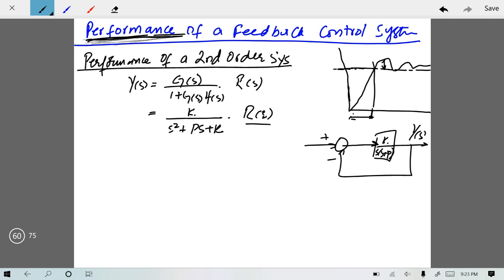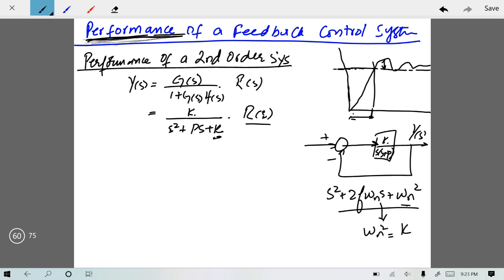If we compare this equation with our standard equation, s square plus 2 zeta omega n s plus omega n square, which was the standard equation for a second order system, I can see that omega n square is equal to k, because here we have k, and there we have omega n square.